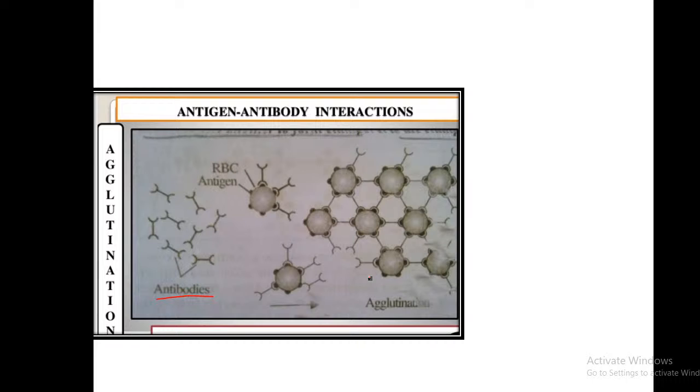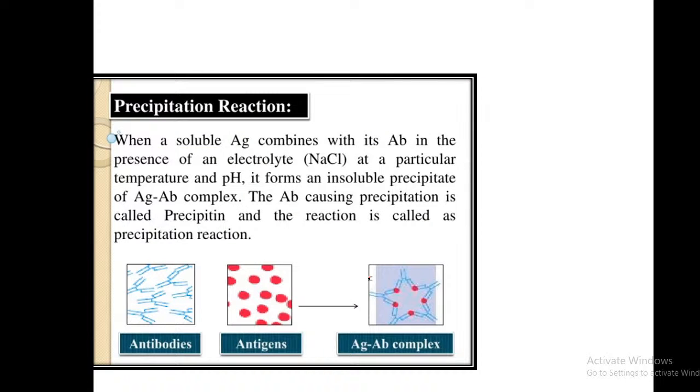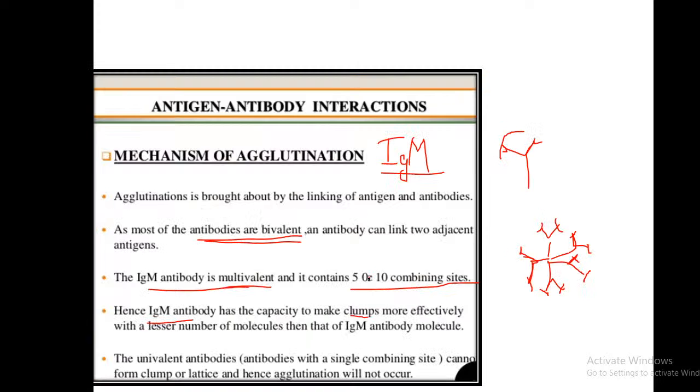So a single IgM can bind with multiple antigens, and agglutination reduces the spread. The biggest advantage of this agglutination is that it prevents the spread of antigen. Once an antigen comes, it prevents the spreading. If an antigen enters the body, many antibodies come and attack around it, so one antigen or more than one antigen can be destroyed quickly.